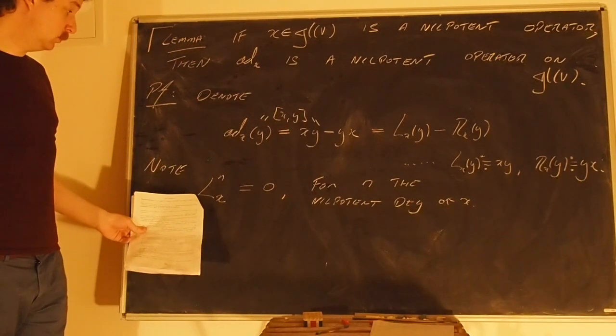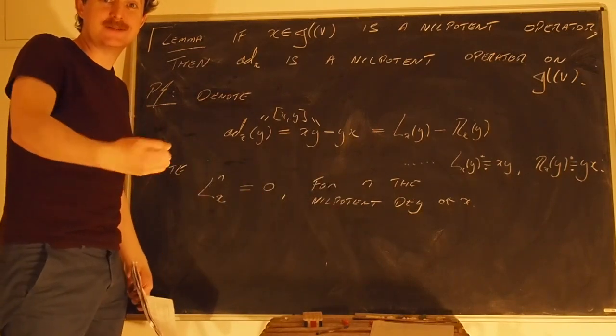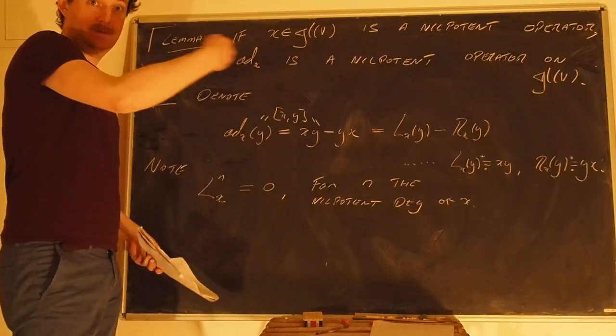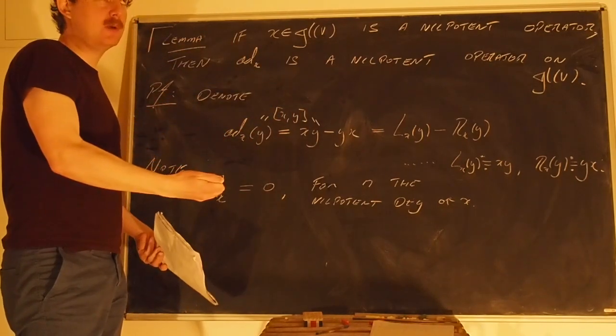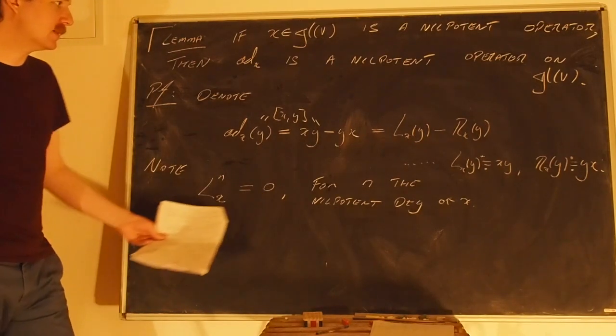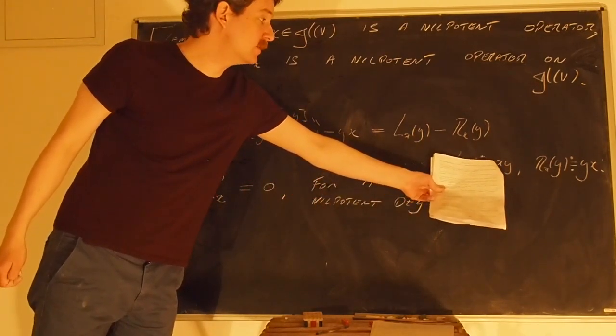So this is just the number of times you need to let x act, to compose x, multiply x, in order to get 0. So obviously just by definition, what you're going to get here is x to the n.